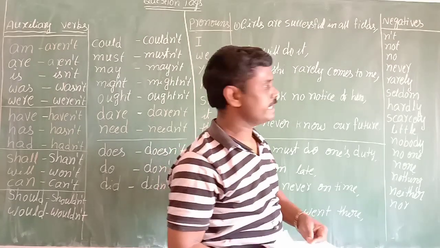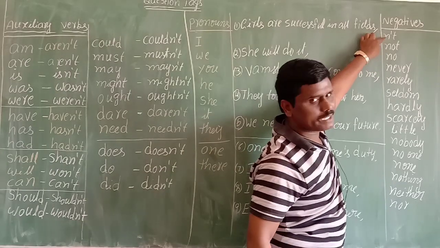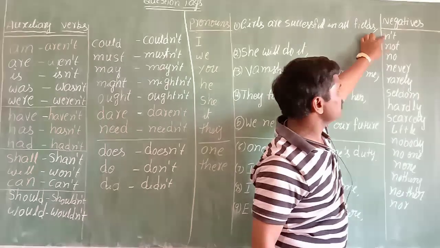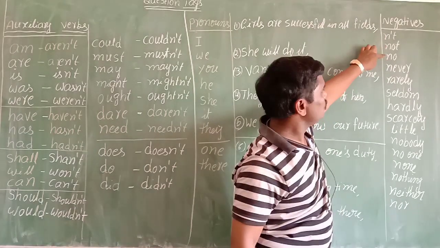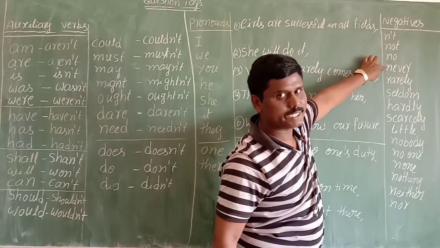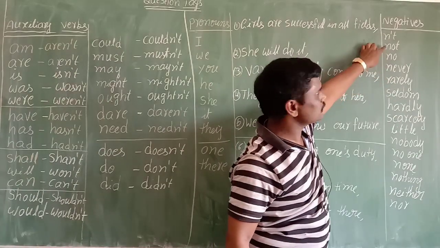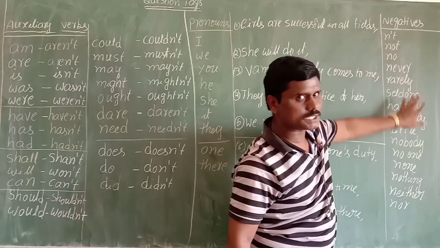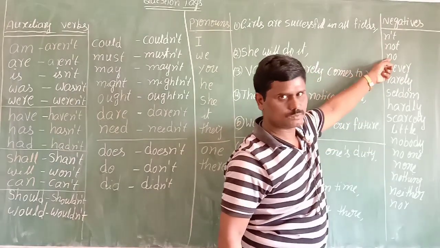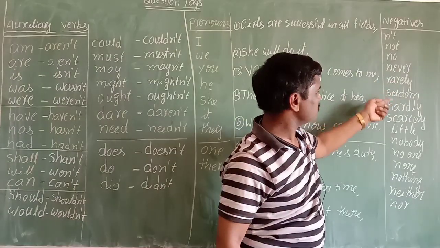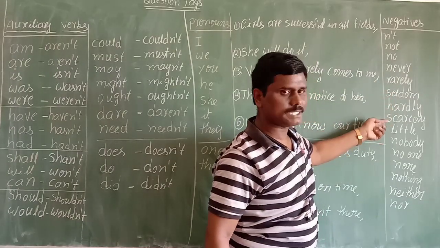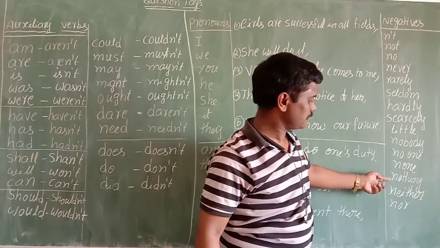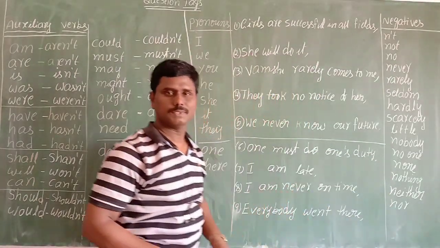Negative words: contraction n't, not, no, never. Rarely is equal to not. More or less, the meaning of all these words is equal to not or no. Seldom, hardly, scarcely, little, nobody, no one, none, nothing, neither, nor.